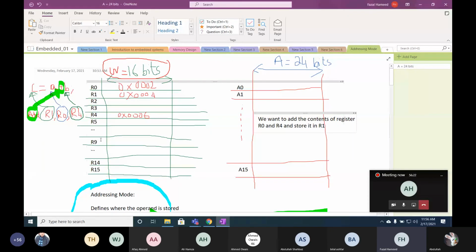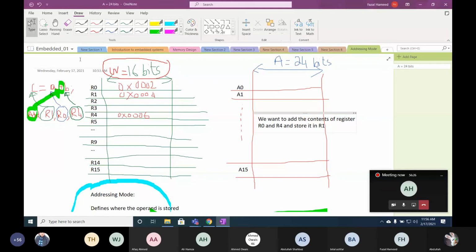What is the contents of R0? The contents of R0 is 0x0002. So we are adding 2.